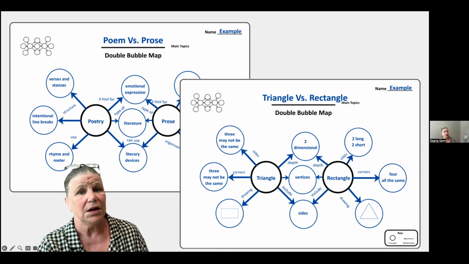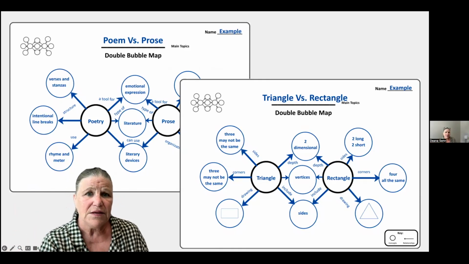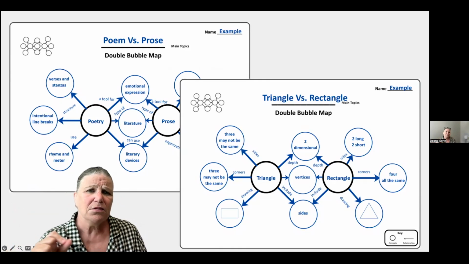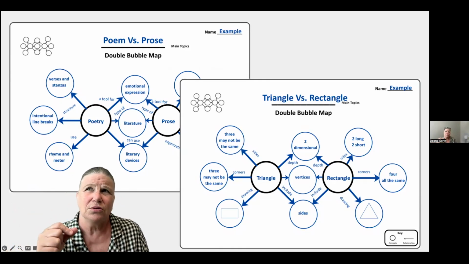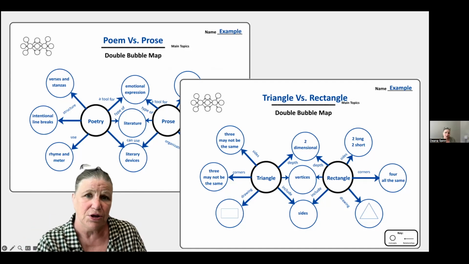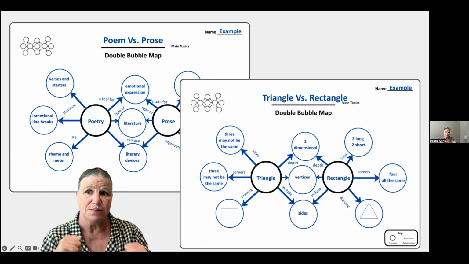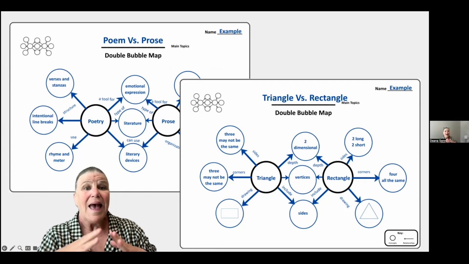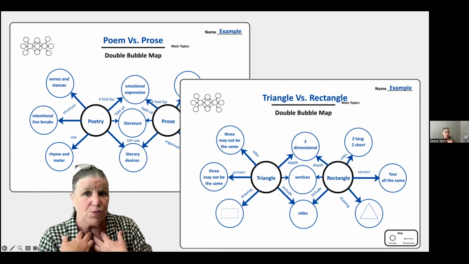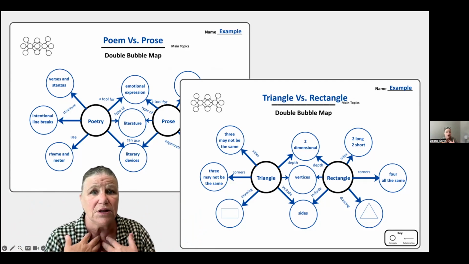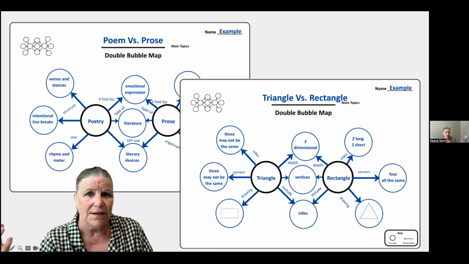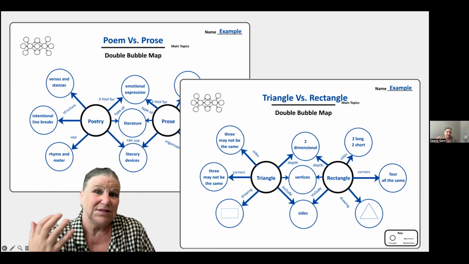One of the things you'll see is that on these examples, the arrows are labeled to force or to enhance students to understand the relationship between the 2 big concepts they're comparing and contrasting and what they're adding. Because often we assume as we grade them, or we assume as we look at them, that if a student wrote 2 long and 2 short sides, that they have some kind of sense of it.